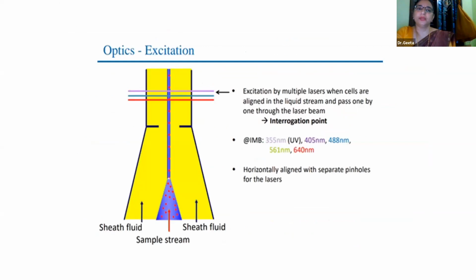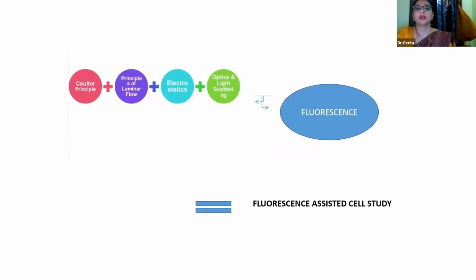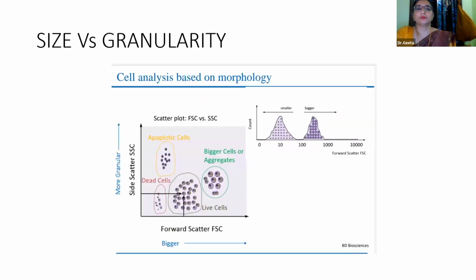Now further on the optics, all the lasers that are available in the instrument would hit the path of these cells, which come in a single file one by one, and the information of light scatter from each laser is captured by a separate optical detector. So leading to this type of a scatter plot, which is very similar to our scatter plot seen in a CBC analyzer.